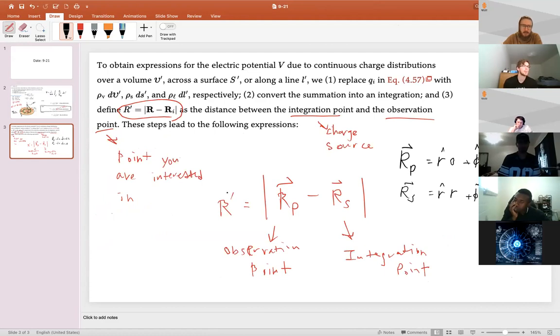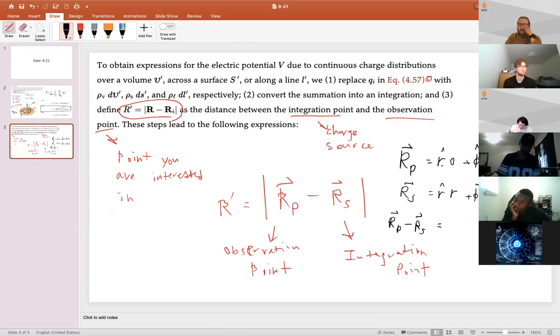And what about Z on this disk? It should be 0. Okay, so now what is this vector? RP minus RS.